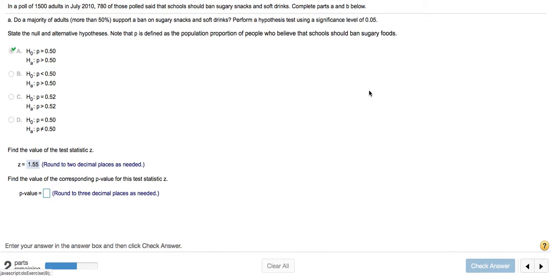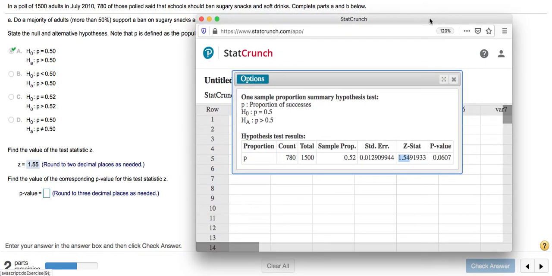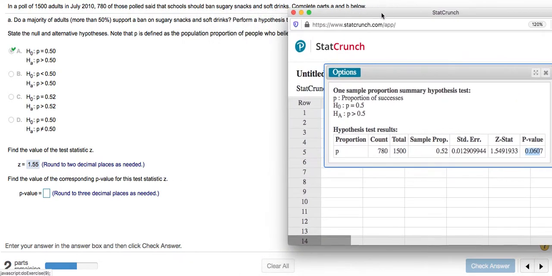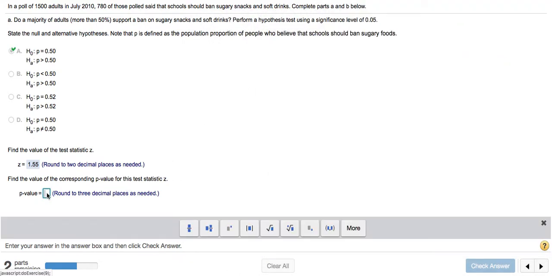Now what about the p-value? Let me bring back in this data from StatCrunch. This is the p-value, which we're going to round to 3 decimal places. So that's 0.061. And I'll check my answer.